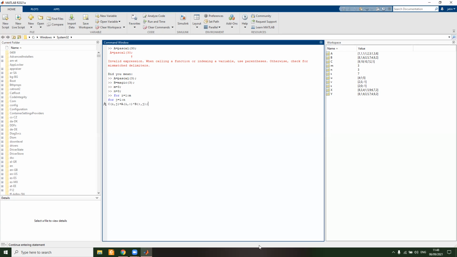So what is the answer? We have to end the first for loop and the second for loop.